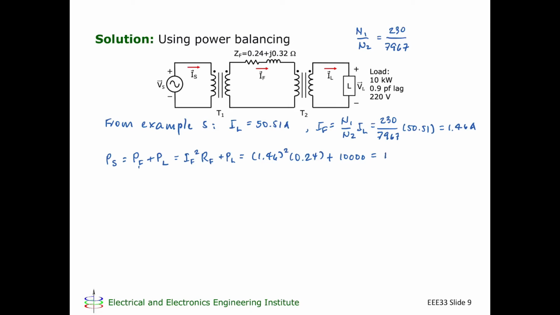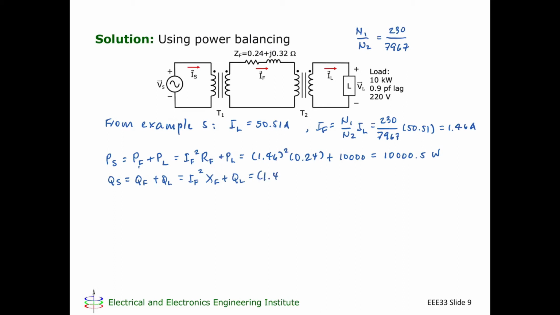And this will give me 10,000.5 watts. And we can argue the same for the reactive power. Q_F is the reactive power absorbed by the feeder line plus the reactive power delivered to the load. So this is again the feeder current squared multiplied by the reactance of the feeder plus Q_L.